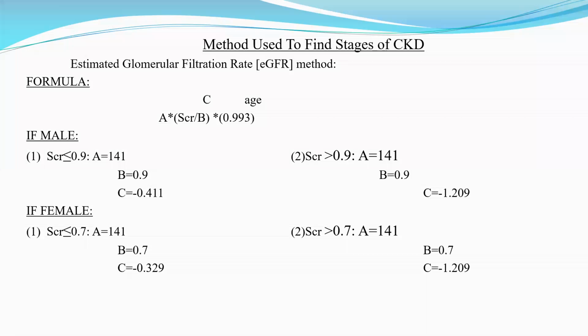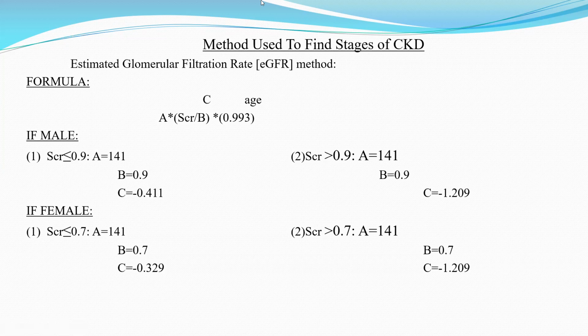If the serum creatinine level is less than or equal to 0.7 in female, A is equal to 141, B is equal to 0.7, C is equal to minus 0.329. If the serum creatinine level is greater than 0.7, A is equal to 141, B is equal to 0.7, C is equal to minus 1.209 for female.